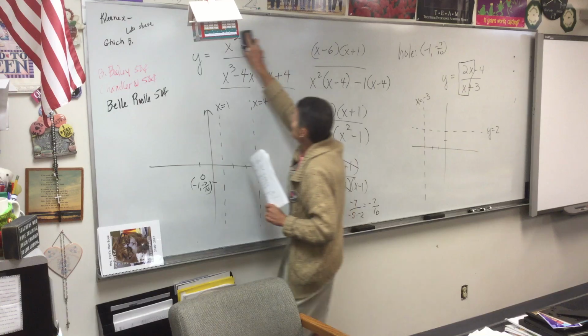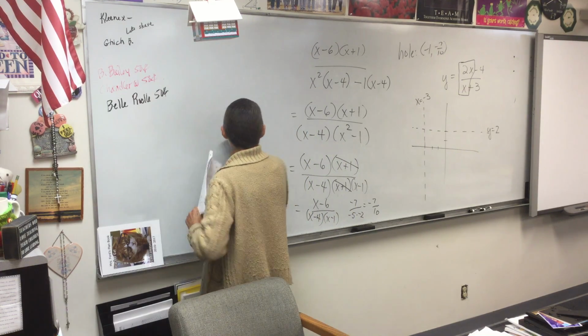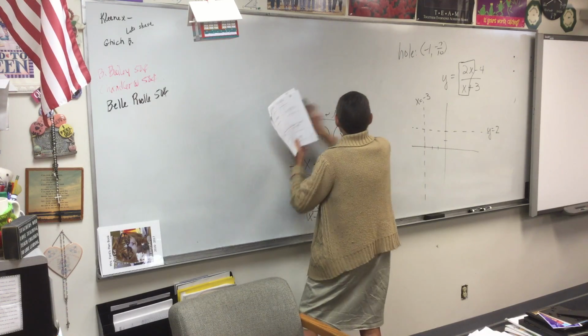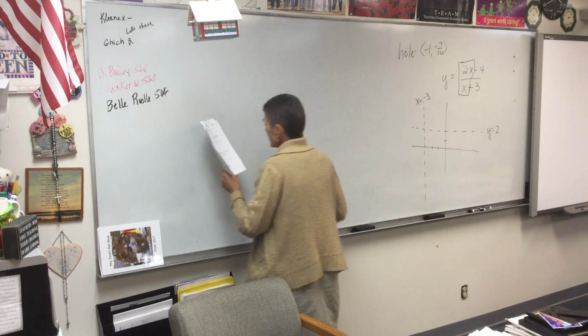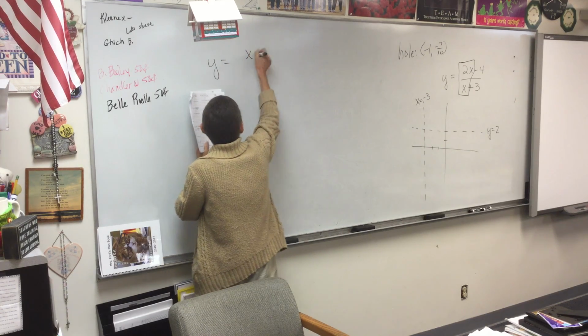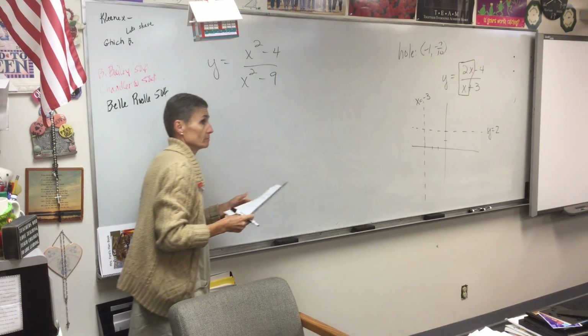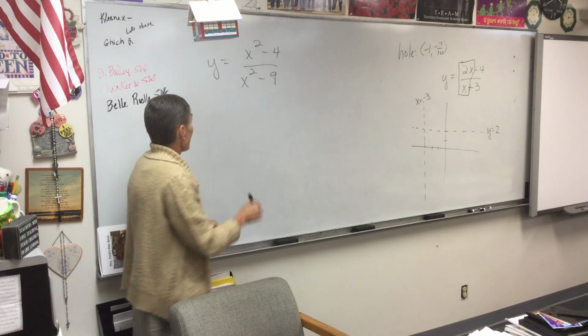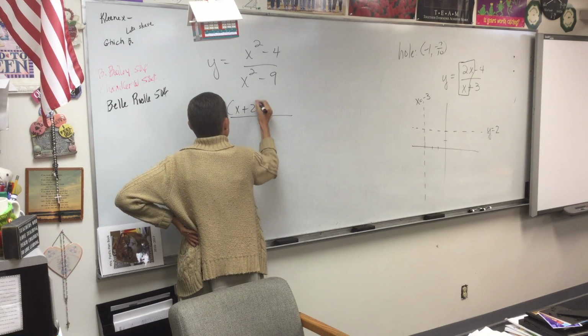B. What do you think we need to do first with B? We need to factor it, because this one factors and something might cancel. How does that factor? Top: x plus 2, x minus 2.